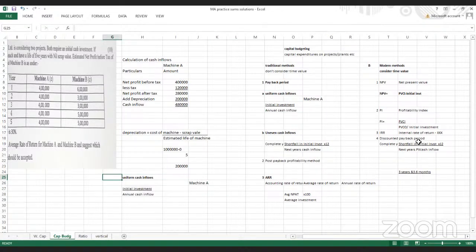So first we are calculating payback period, and under payback period we'll be using uniform cash inflows. The cash inflows for machine A are constant, uniform. So use this formula, very simple: initial investment, that is how much you have put in to buy that asset, divided by annual cash inflow, how much cash is generated by that project.